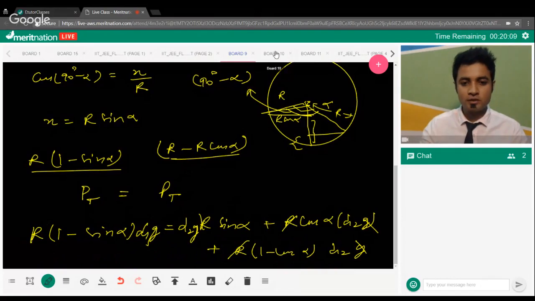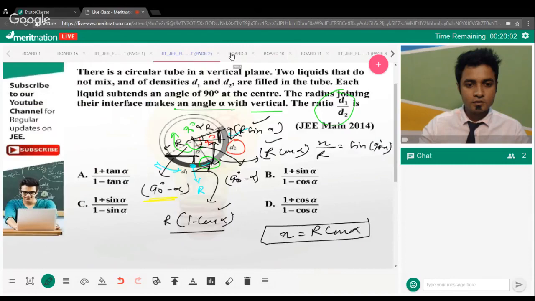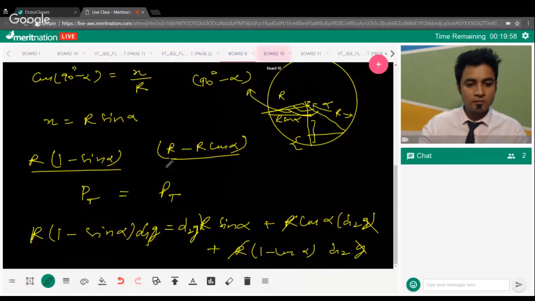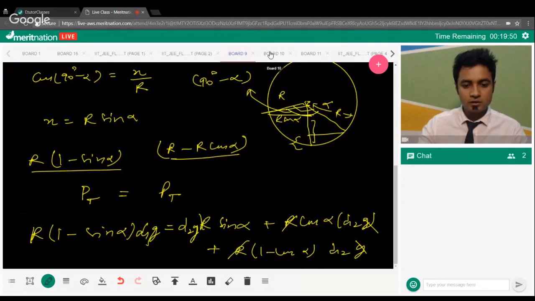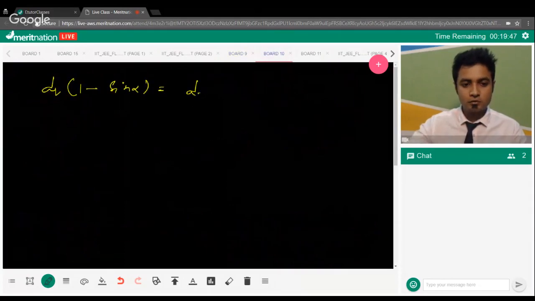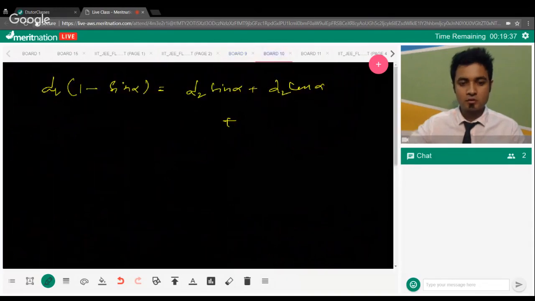So what would you get at the end? d1(1 minus sin alpha) is equal to d2 sin alpha plus d2 cos alpha plus d2(1 minus cos alpha), right?